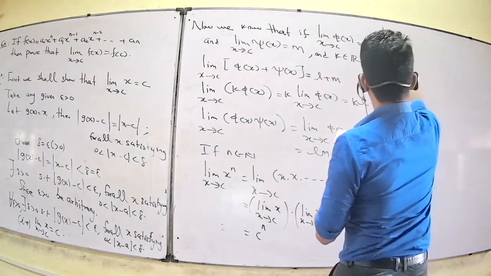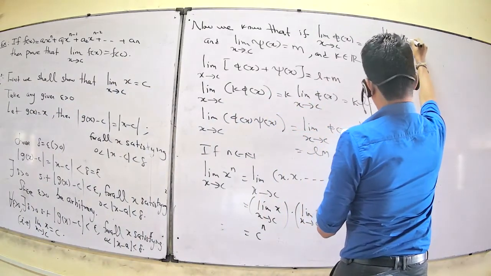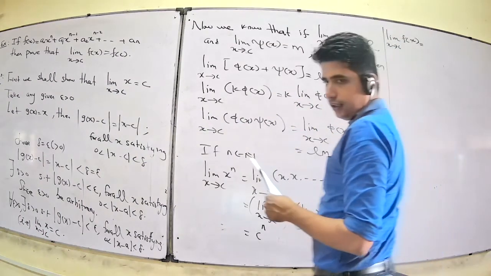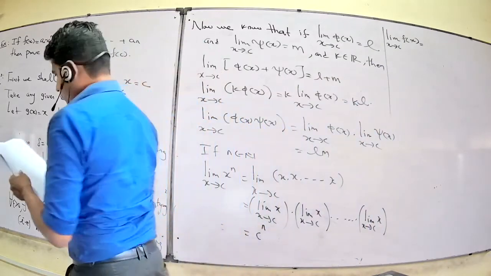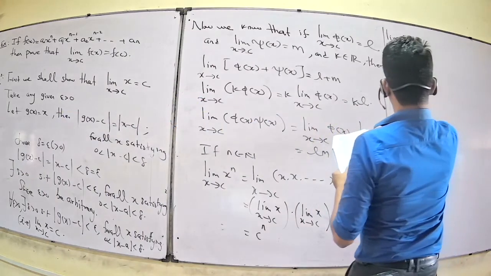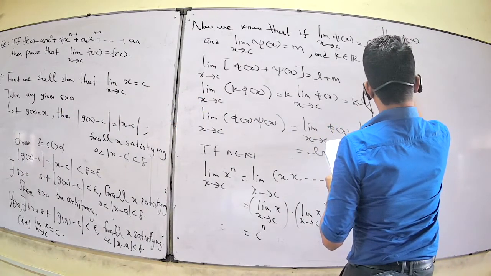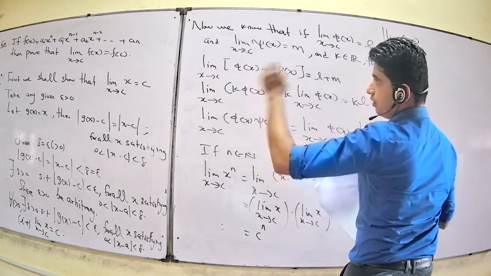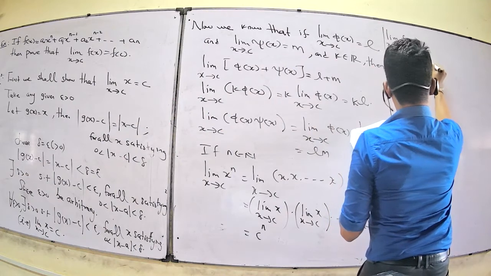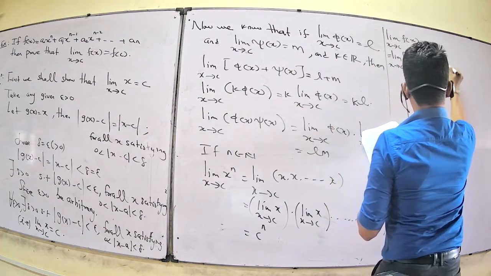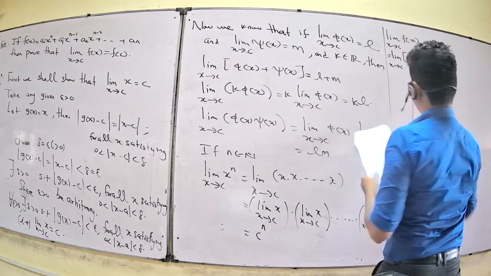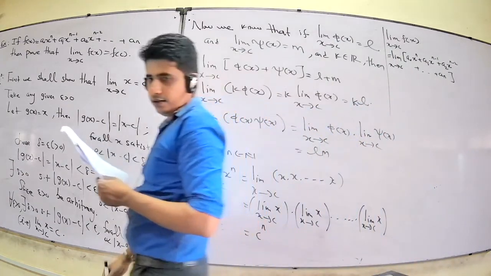Now, take the limit of f of x as x tends to c. Therefore, what is the value of your f of x? You can write the limit of x tends to c of f of x equal to that function, a naught x^n plus a1 x^(n minus 1) plus a2 x^(n minus 2), and so on, plus an.